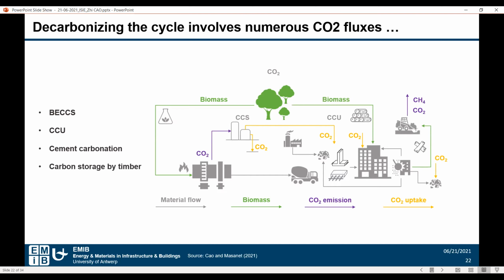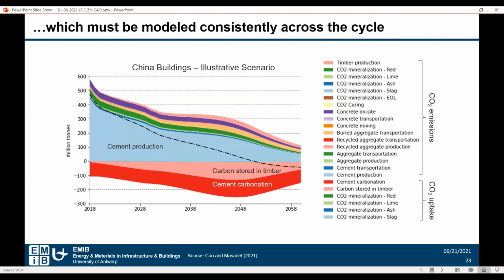And adoption of mass timber in buildings will enlarge the carbon pool in buildings. And having this level of granularity in our model allows us to distinguish CO2 emissions and CO2 uptake from different sources. And then we will use the balance of positive and negative CO2 fluxes to present our scenario results.